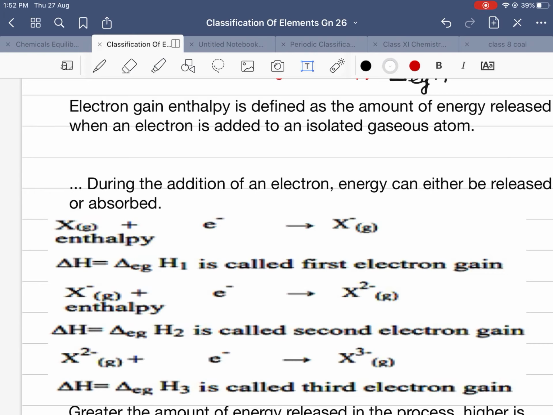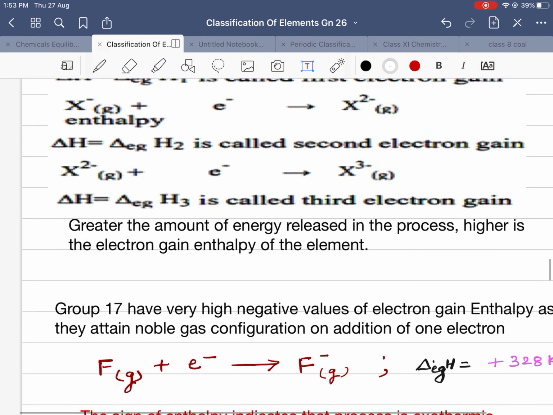This property is generally shown by non-metallic elements, which have high values of ionization energy. As more than one electron can be introduced into an atom, it is called first electron gain enthalpy, second electron gain enthalpy, and so on.